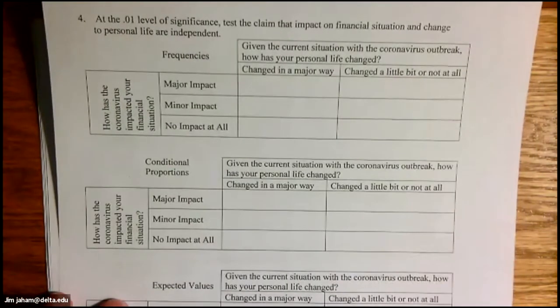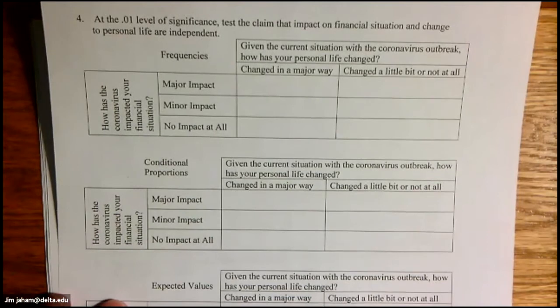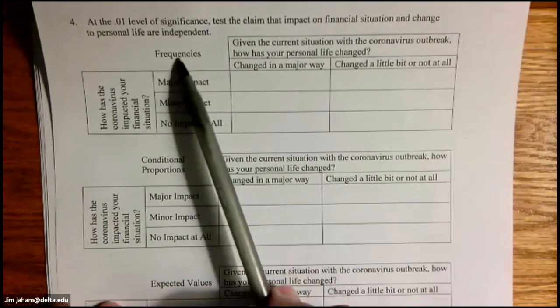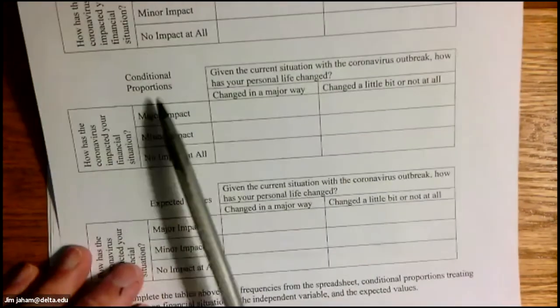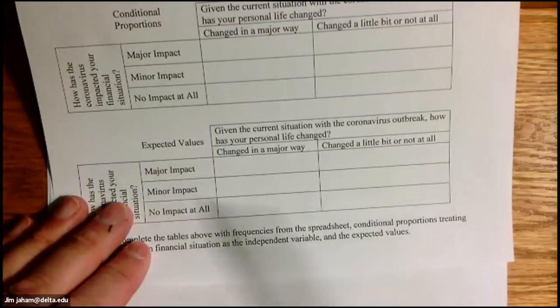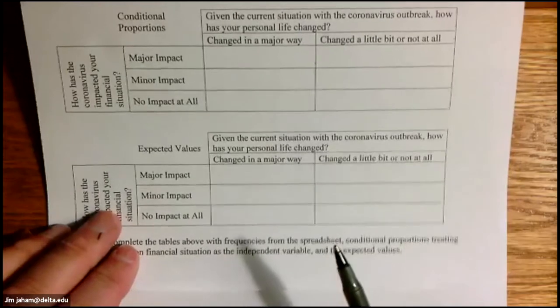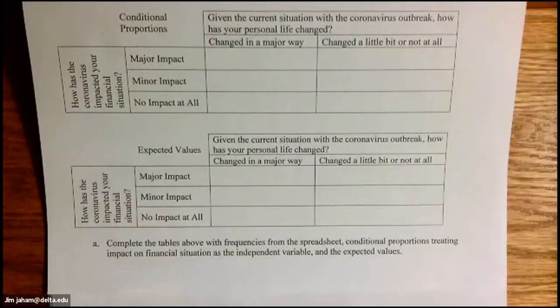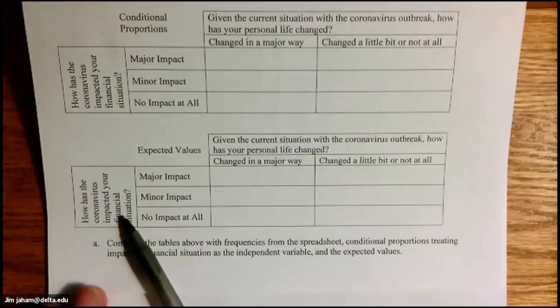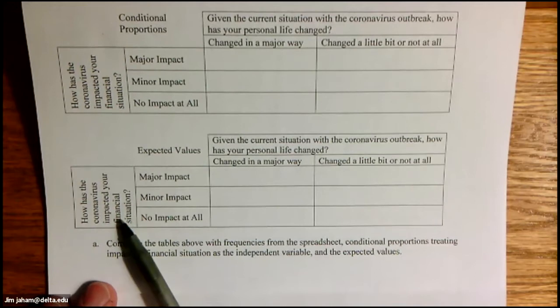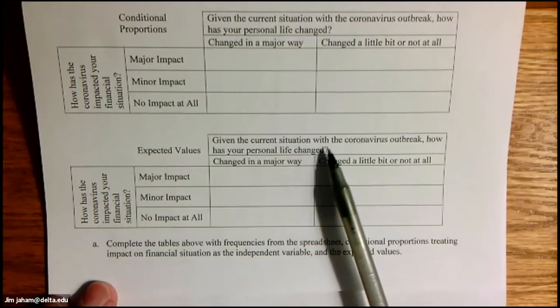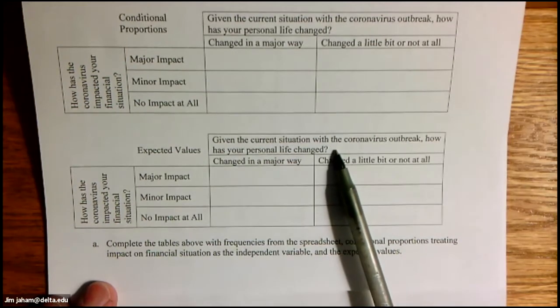You'll probably recognize number 4 because you have a table of frequencies, a table of conditional proportions, and a table of expected values. And the question is, is there a relationship between the impact on one's financial situation and the impact on one's personal life?